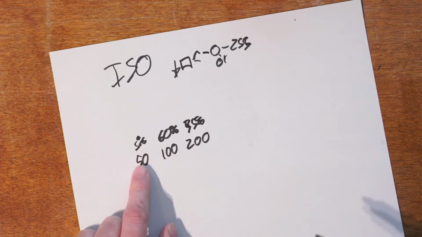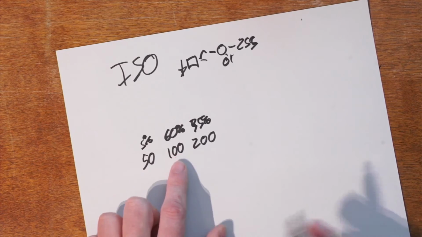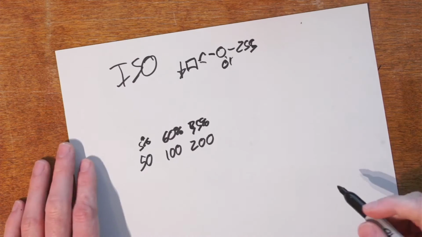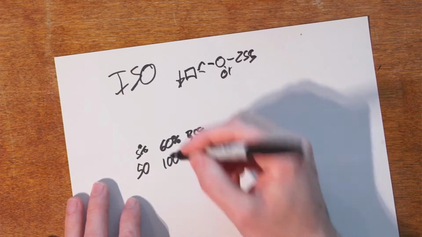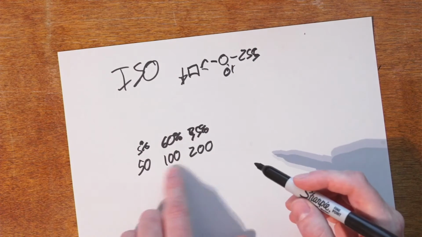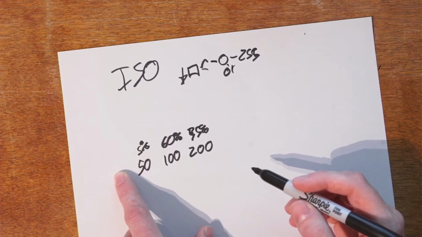This is pretty rare nowadays because sensors are good enough where a base ISO of 100 is just fine. Again, we are going to double and halve. One thing is that a lot of cameras, whatever this value is, you can't go lower.